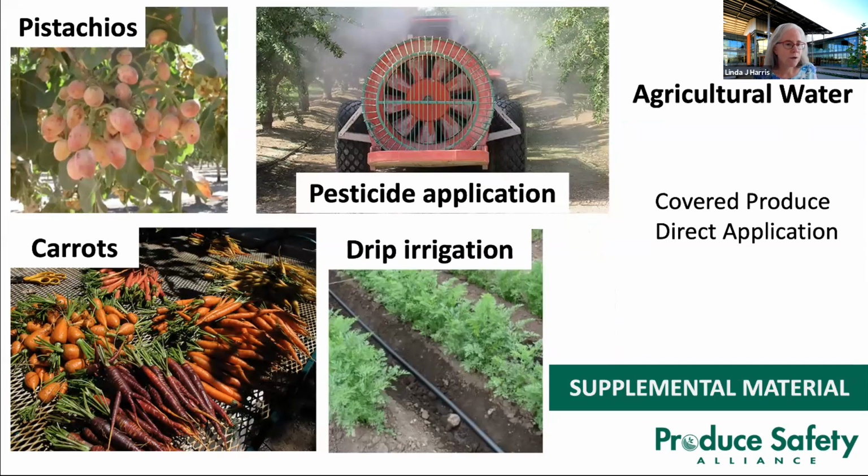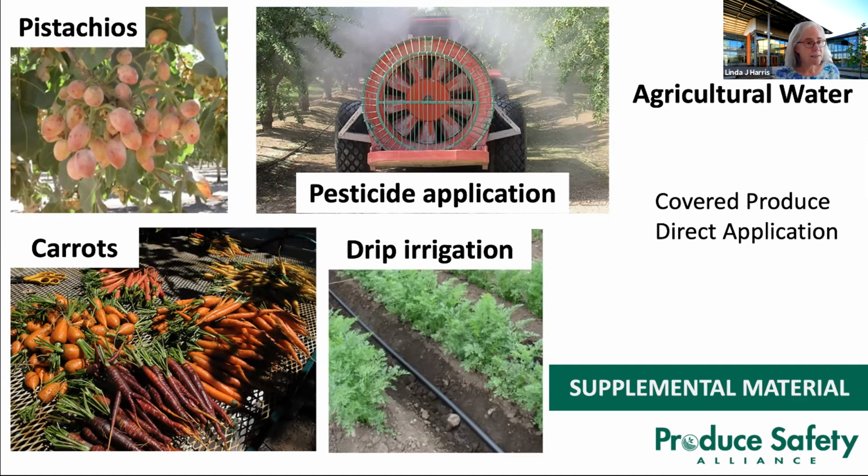Likewise, the water that is used to dilute pesticide or other crop protection sprays, which would perhaps be sprayed up into a canopy of pistachios or other tree nuts, or drip irrigation used for production of carrots. In both cases, pistachios and carrots are covered produce items.